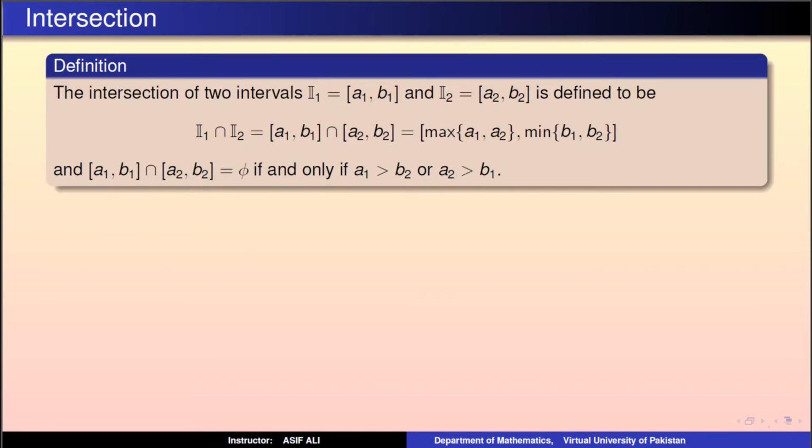Let's see some examples. Let I1 = (1, 2) and I2 = (4, 5).